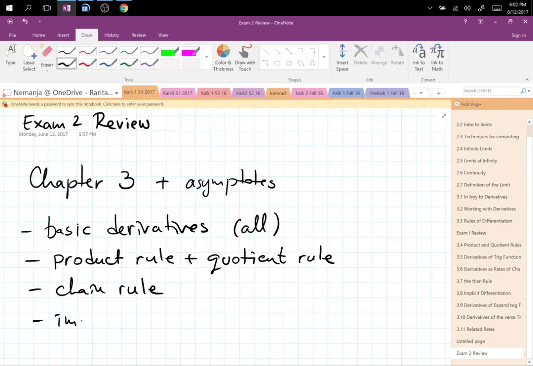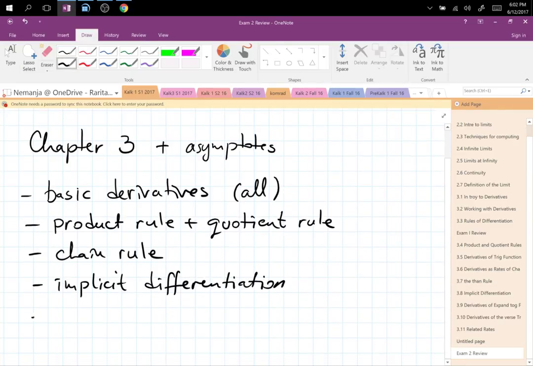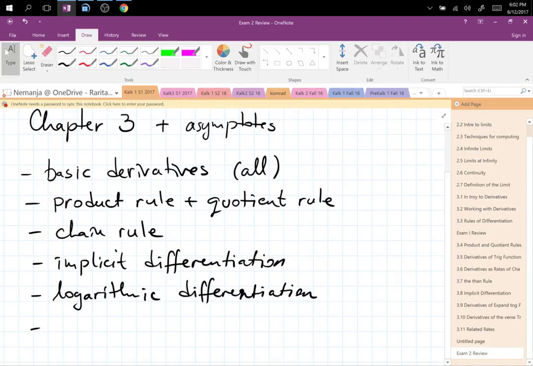Then we have implicit differentiation, logarithmic differentiation, and I think that's it for the rules.